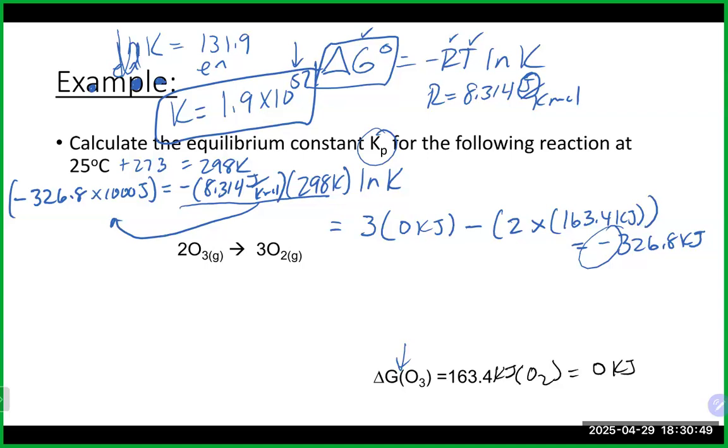Do you have a question? Yes, I want to know why you put 0 kilojoules in for the O2. That is the value you would find if you went to a delta G table for O2. So delta H of formation and delta G of formation, anything on the table that's in its standard state, not attached to anything, just by itself, like O2, N2, H2, all those will have values of 0.